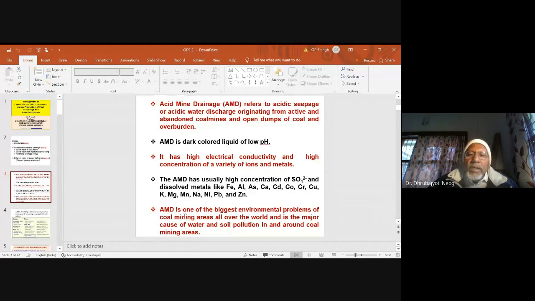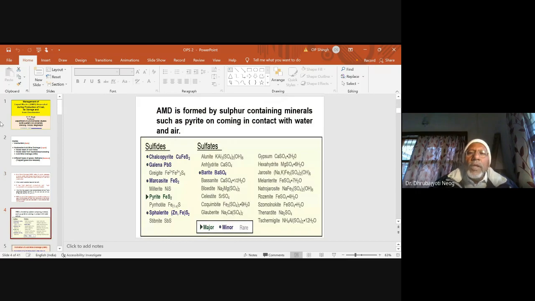So acid mine drainage is one of the biggest environmental problems, and it is a problem mostly of water and soil. Because wherever acid mine drainage goes, whether it's a river or a stream, it makes water bodies acidic. And if it goes to the soil, the soil also becomes acidic. Acid mine drainage is formed by sulfur containing minerals such as pyrite coming in contact with water and air.